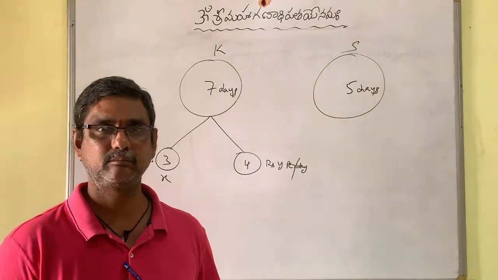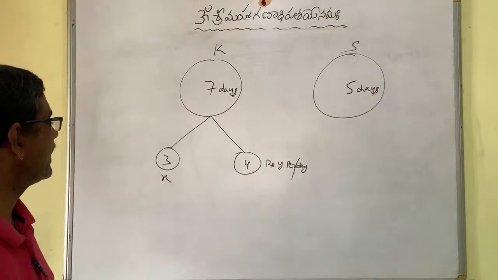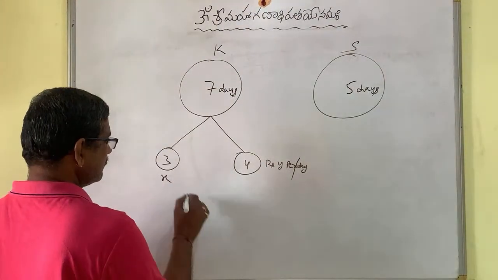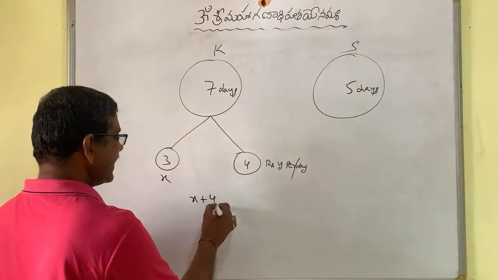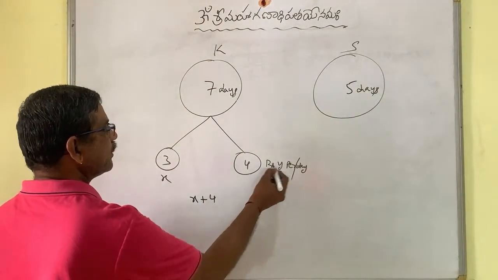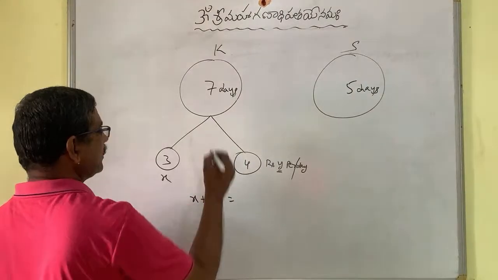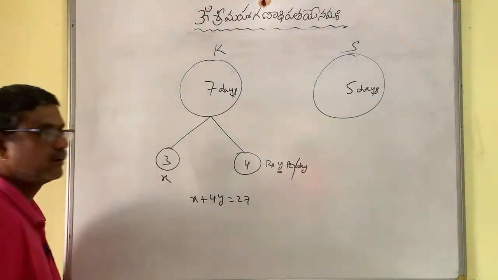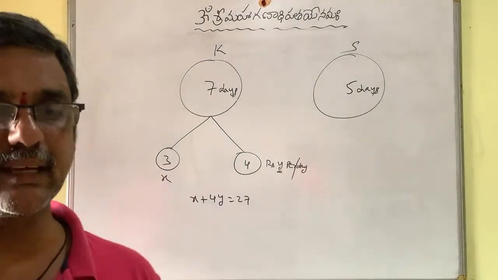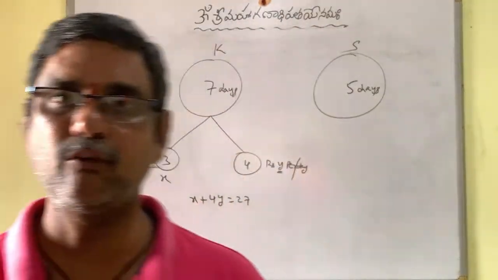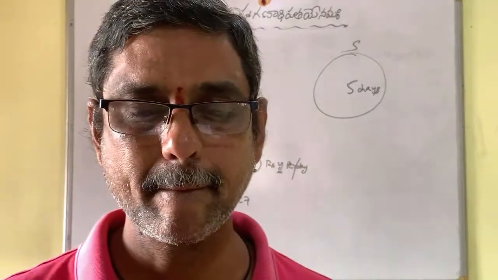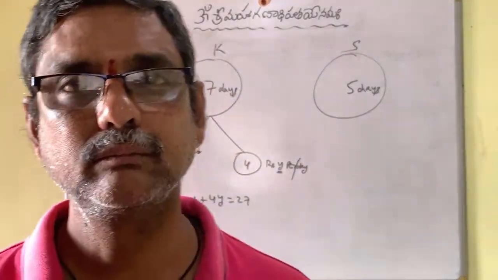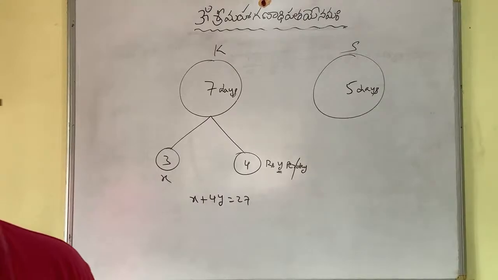So here the equation will be X for the first 3 days, plus the remaining 4 days, 4 into Y rupees per day, 4Y, total 27 rupees. Total it was 27 rupees, not 4x plus y, Sujay. Did you understand?